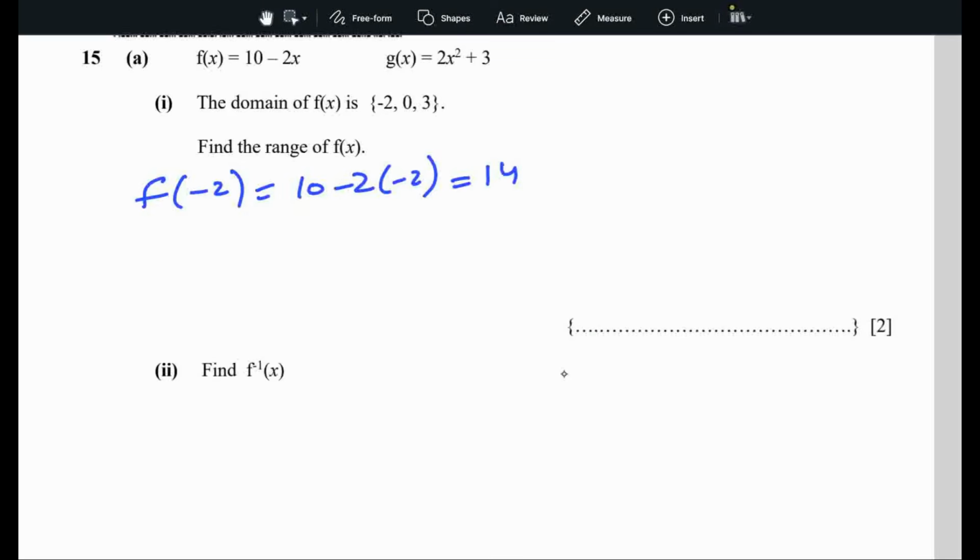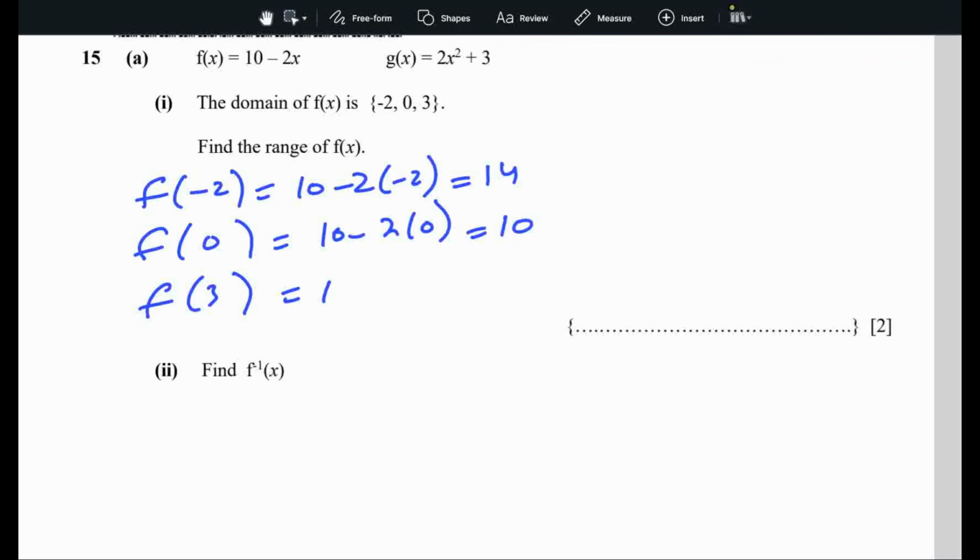Then f of 0, this will be equals to 10 minus 2 into 0, this will be 10. Then f of 3, this will be equals to 10 minus 2 into 3, this will be equals to 4. So we have to maintain the order as well. So this should be 14, 10 and 4, or 4, 10 and 14.